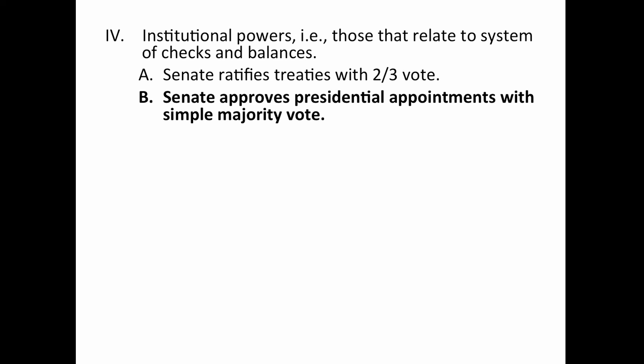However, if it's a Supreme Court appointment, then you still need to get past cloture for a filibuster. If you have a question about this, I'll answer it in class.